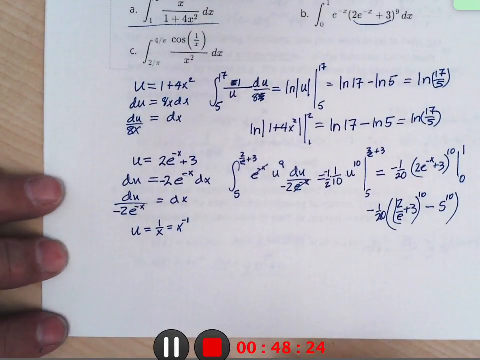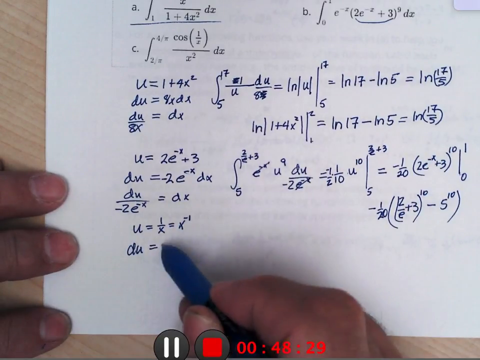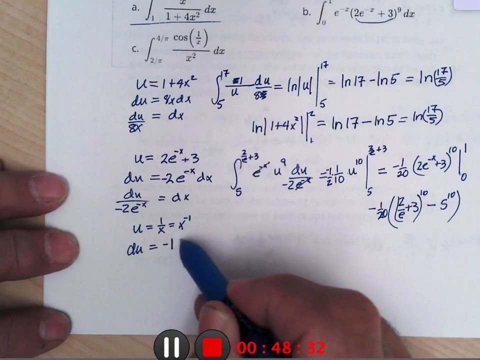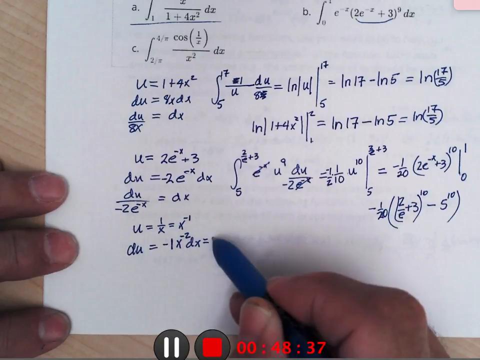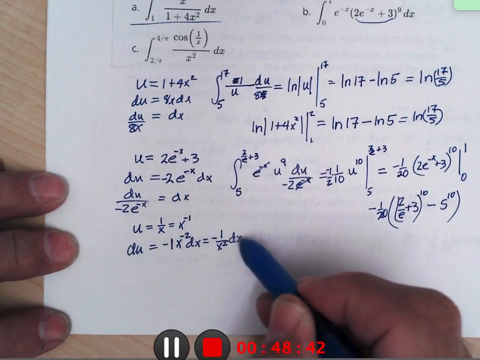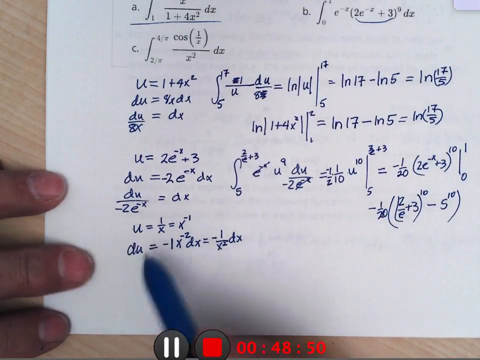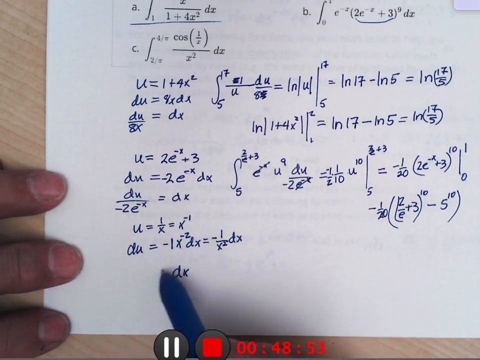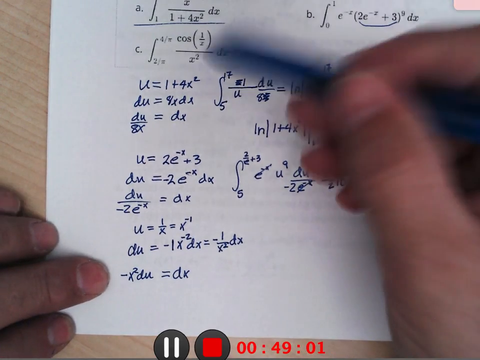So it's going to be du equals minus 1 x to the minus 2, which is minus 1 over x squared dx. So this time the x ends in the denominator, and so when I solve for the dx, it's going to end up in the numerator, minus x squared du. And that's going to cancel that x squared there.